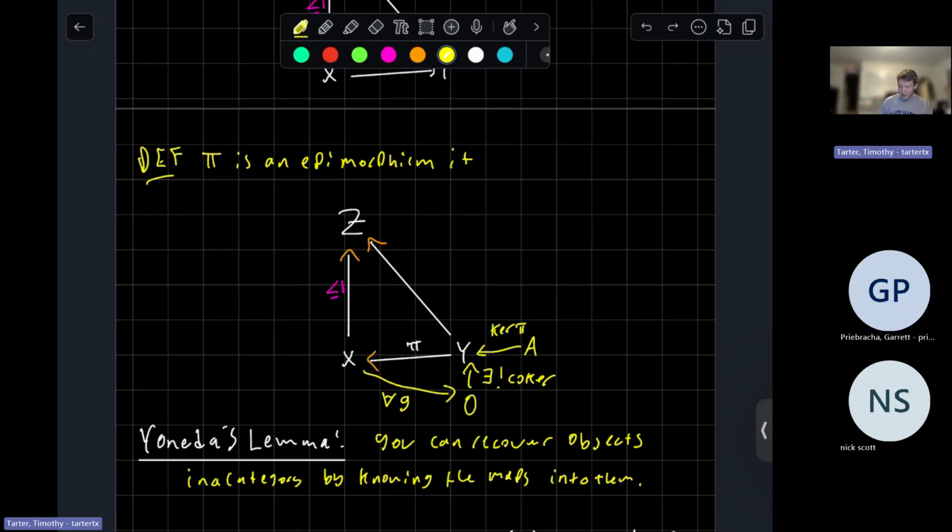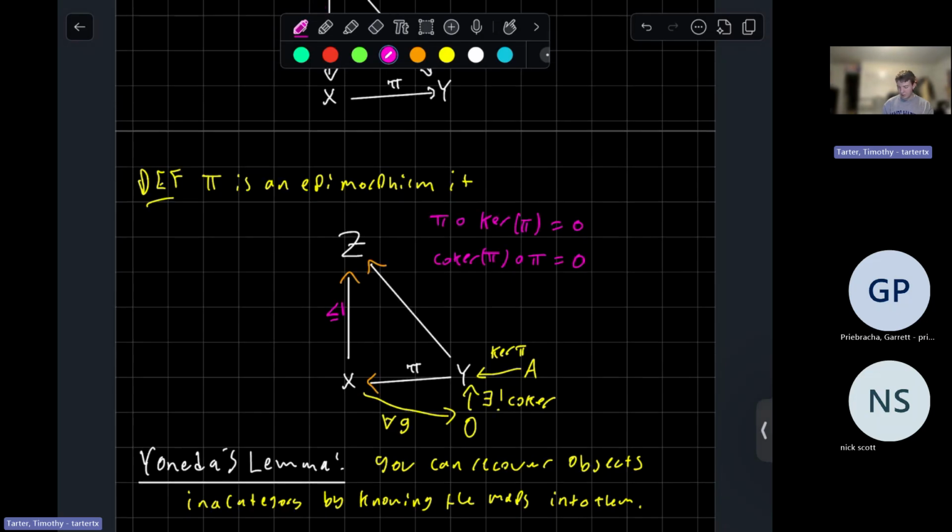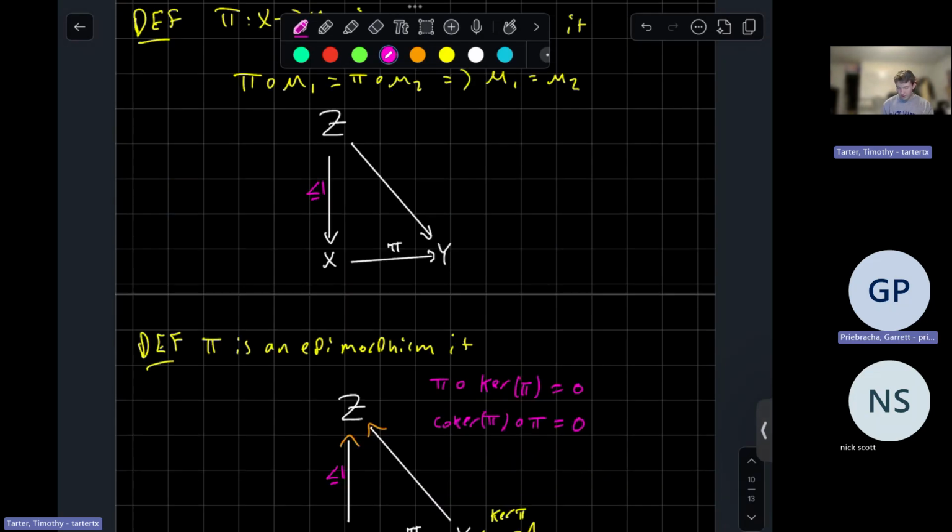Sorry, I'm talking a lot. So ker pi composed with pi is equal to 0. The co-kernel of pi composed with pi equals 0. Does that make sense? Yeah, it does.